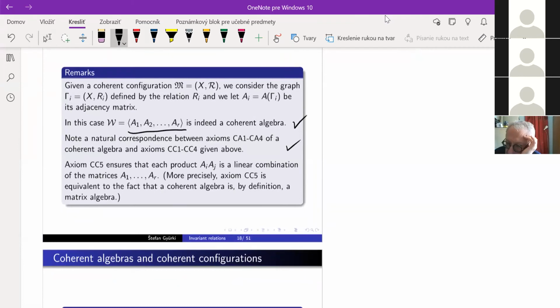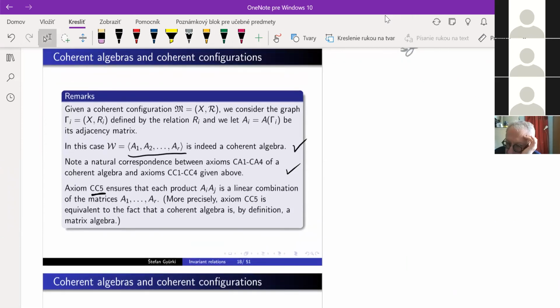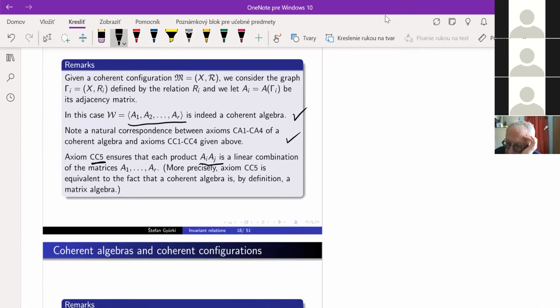The correspondence between axioms 1 up to 4 is easy to see, and the fifth axiom of the coherent configuration just says that each product Ai Aj should be a linear combination of the basic matrices A1 up to Ar. So this was how to say, in the terms of relations, that the corresponding matrices are forming a matrix algebra.